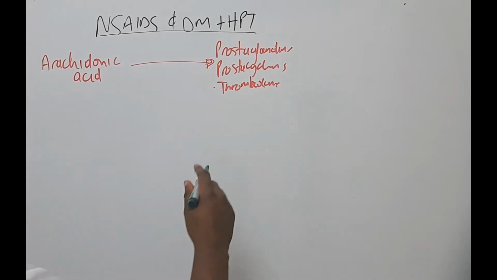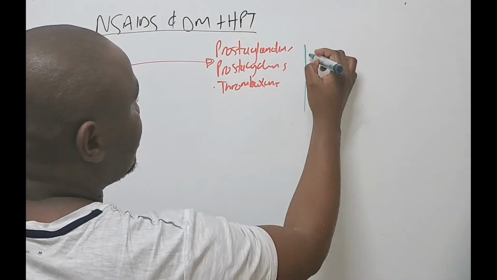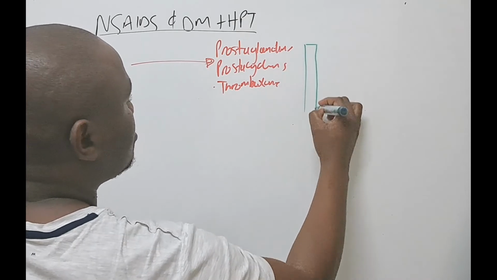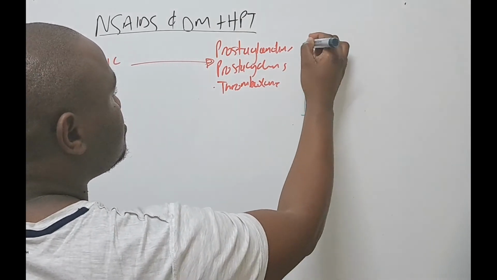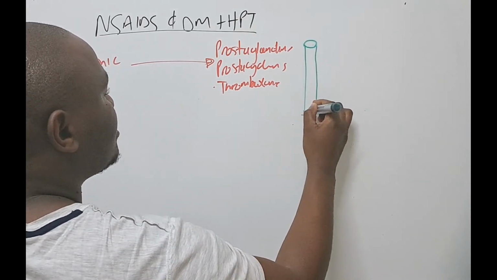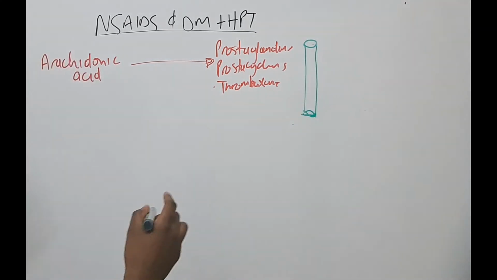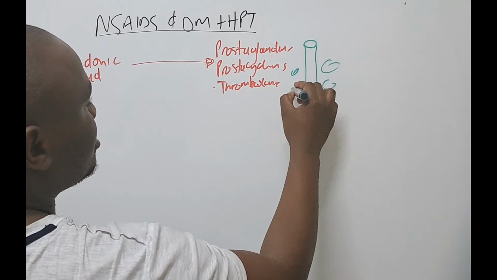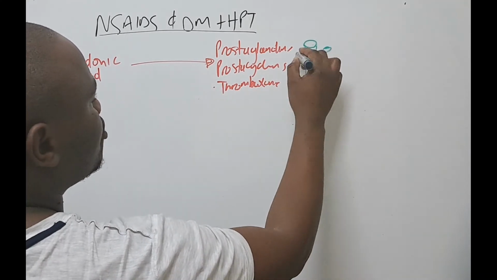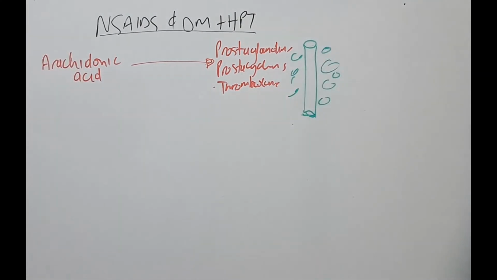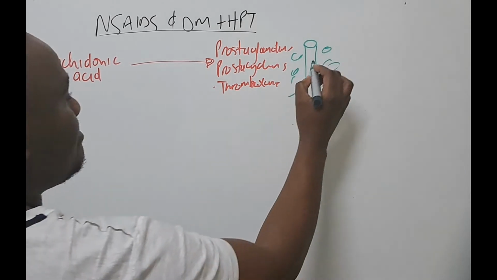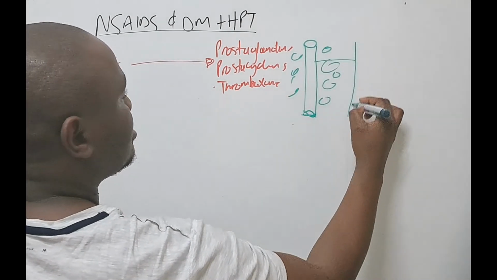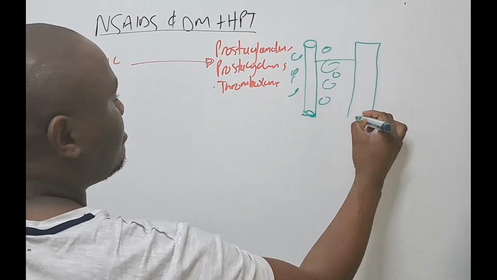One of the things prostaglandin does is this: if this is a blood vessel and this is an area where cells have been injured, be it burns, trauma, or whatever, prostaglandins will come in and vasodilate it, make it bigger.